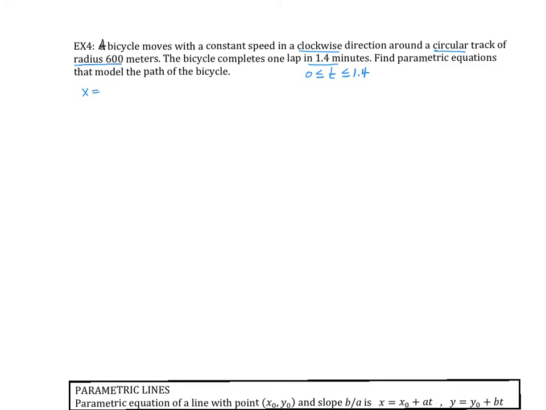Now what about my center? Notice that there is no center here. That means I can choose whichever center I want. So why not make it easy on myself and choose a center of 0, 0. So my x sub 0 is 0, my y sub 0 is 0.